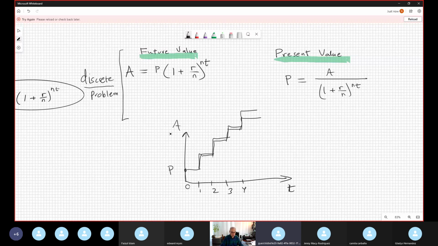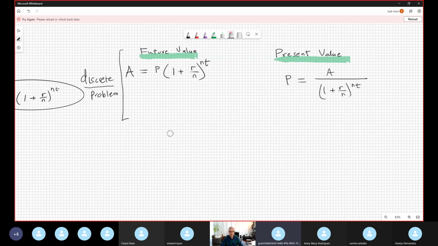However, when you have no information about this and you want to predict, you simplify the thing using another idea: suppose the money increases continuously. Continuous problem means that the money increases like that. Oh, it looks like an exponential, because the steps are too small.